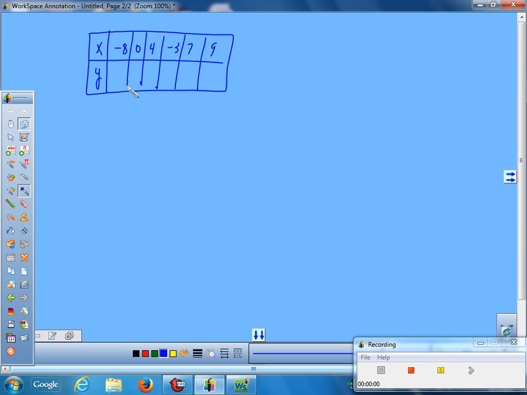And then our y's are 2, 5, -3, 6, -8, and 2. Looking at it in that form, can you tell me whether it's a function? Why? Because your x's are repeating. So same thing, just a different way to list it. So that one's a yes.